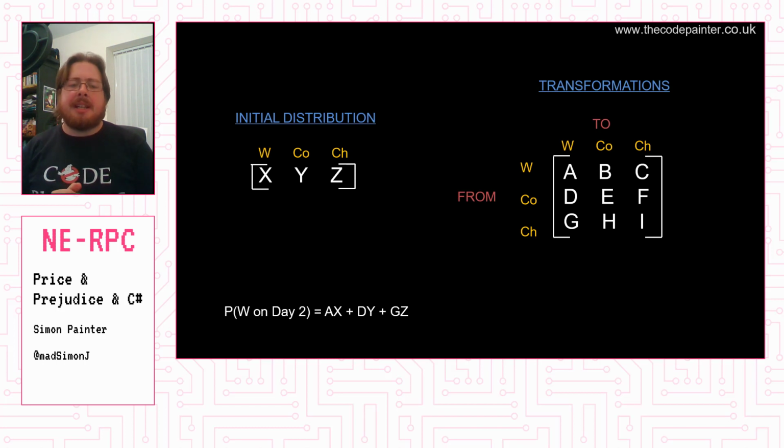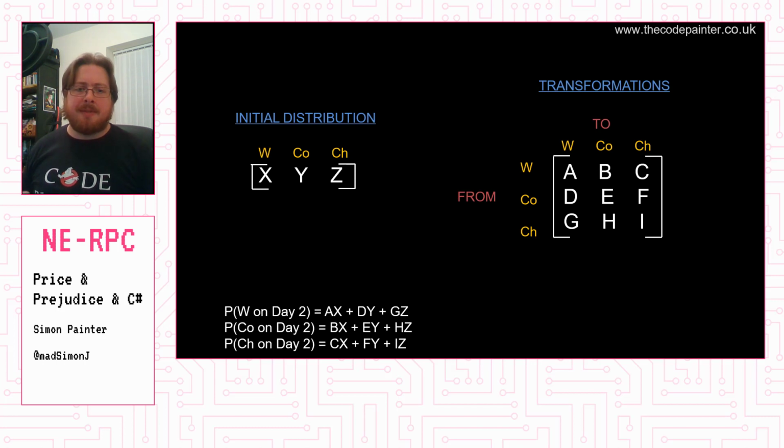The next is assume that Cocoa Pops was chosen, that's y, and the circumstance I need to turn Cocoa Pops into Weetabix is to select from the grid the from Cocoa Pops, the to Weetabix, which is the D there. So multiply those together. And the last, Cheerios to Weetabix is G, multiply that by z. So you've got three new probabilities, add them all together. We have the new probability on day two that we will choose Weetabix.